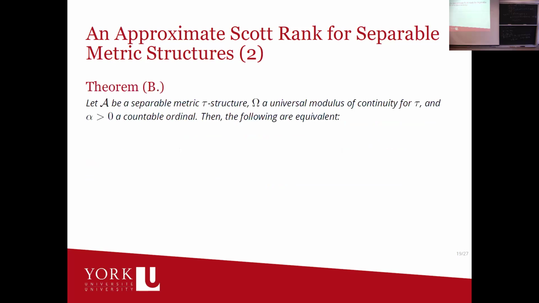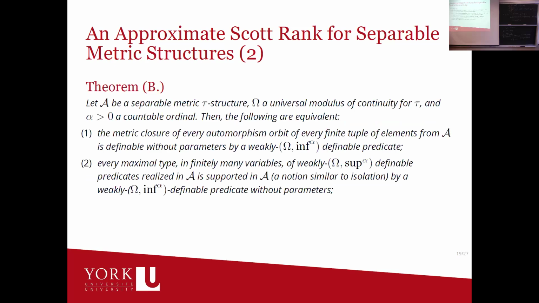It turns out that the first and the third conditions are easy to show equivalent. If you can define all the orbits, then if all the orbits are sigma alpha definable, are inf alpha definable, then every sub alpha type of definable predicates is inf alpha isolated by a definable predicate.